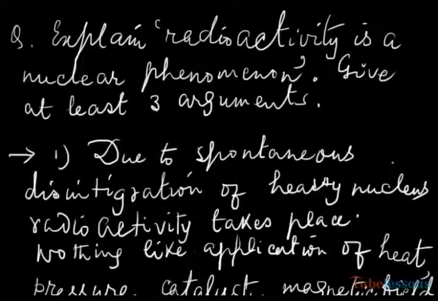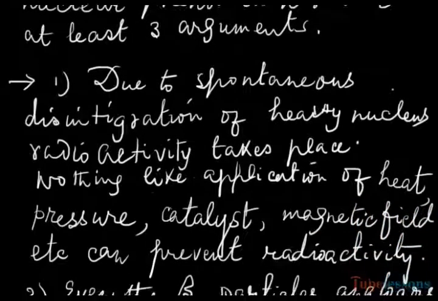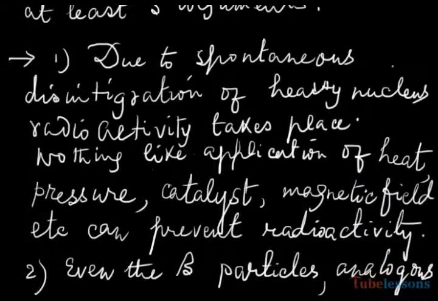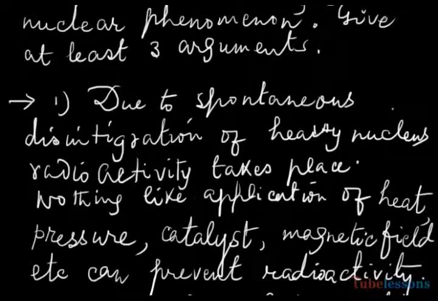Radioactivity is totally a nuclear phenomenon. It is not at all related to the extranuclear electrons. Radioactive radiation takes place from the nuclear part of the atom. Now some arguments in favor of the nuclear phenomenon of radioactivity. In the first point, I have written, radioactivity takes place due to spontaneous disintegration of heavy nucleus.